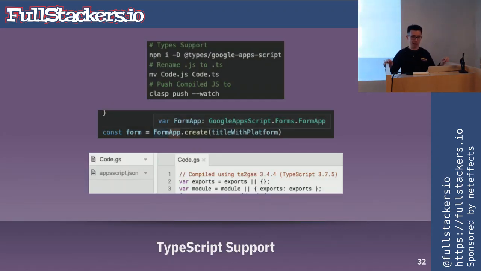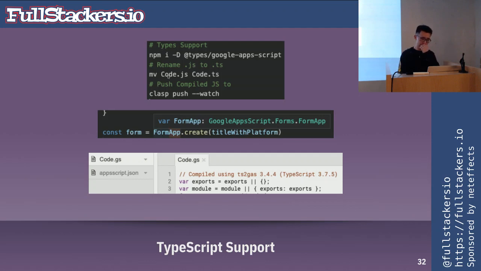So again, to speed up the development process, since we have the offline copy of the code, we can utilize VS Code. We can even utilize TypeScript support. All we need to do is install the types for Google Apps Script.